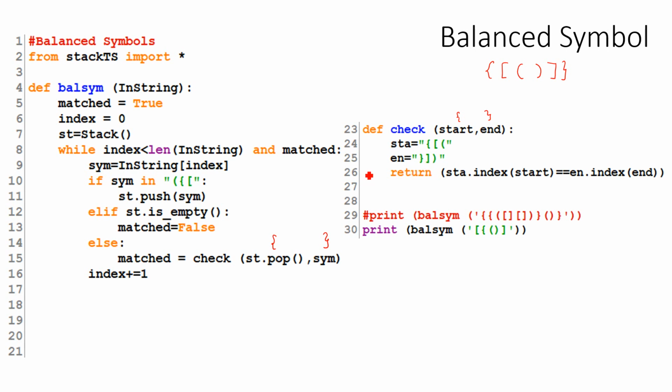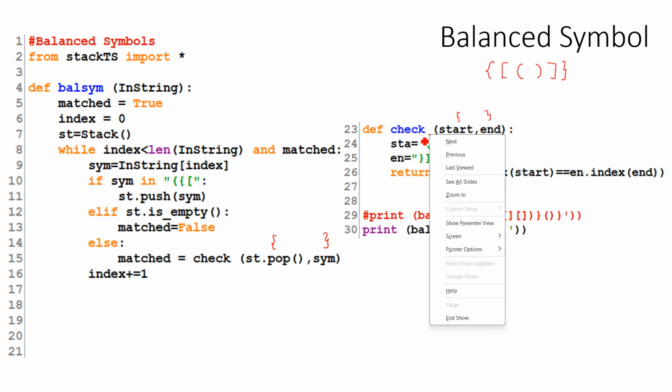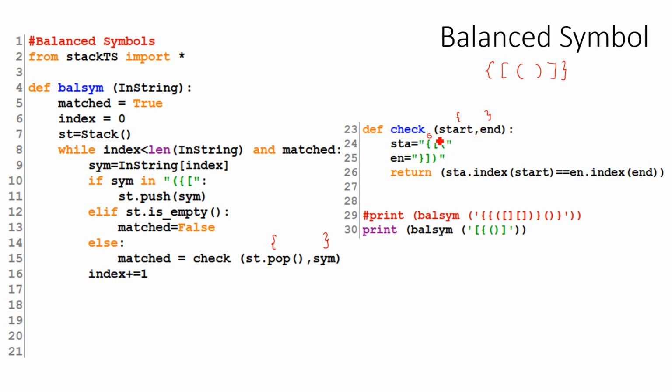For our local use, two variables are declared here, sta and en. sta holds a string with the opening curly brace, opening square bracket, and opening parenthesis. So the curly brace will be at position 0, the square bracket at position 1, and the parenthesis at position 2.